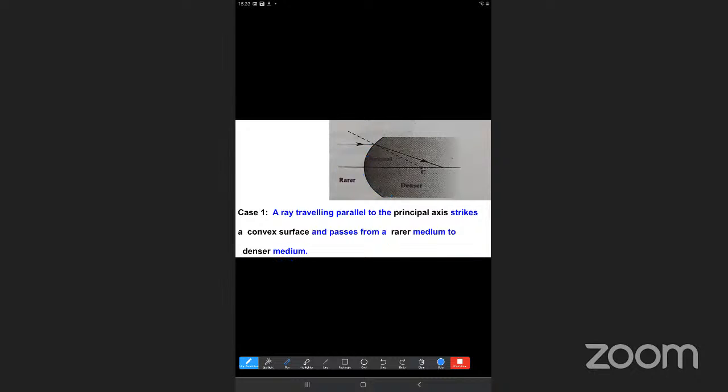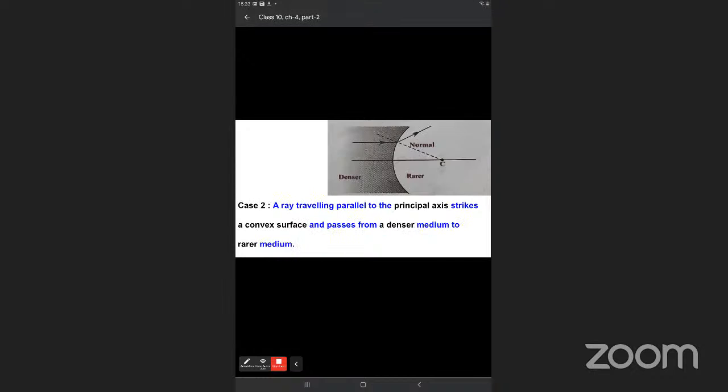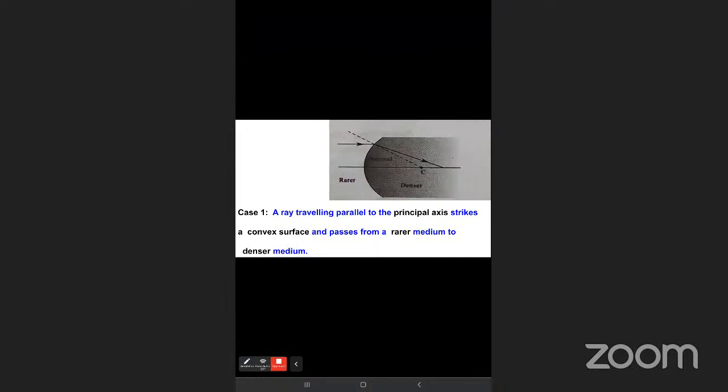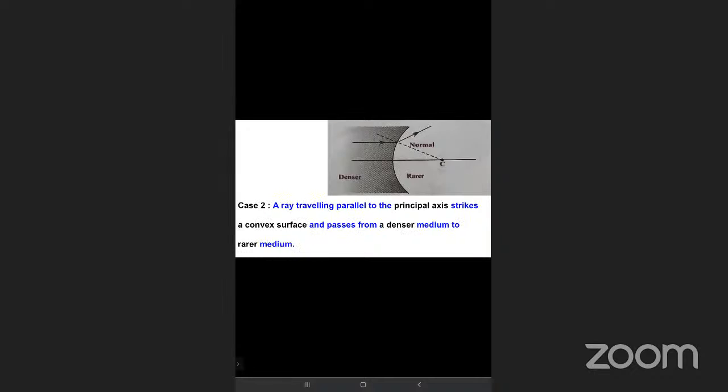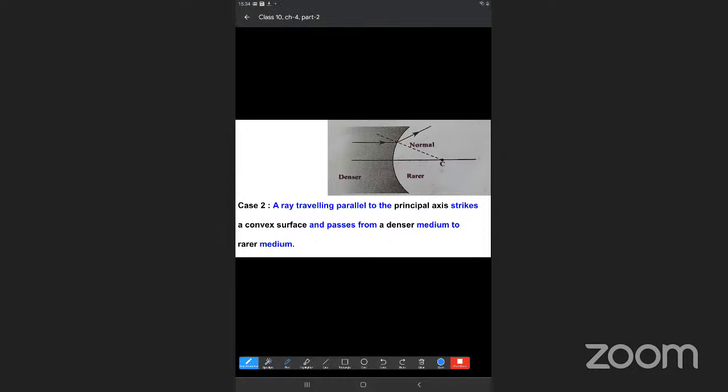Now the light ray is traveling from rarer medium to denser medium. And then a ray traveling parallel to the principal axis strikes a concave surface. Here it is convex, not concave, but here the medium is changed.